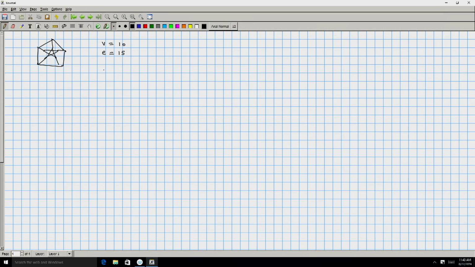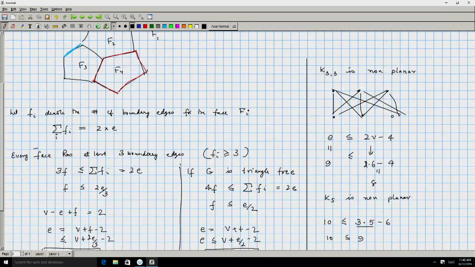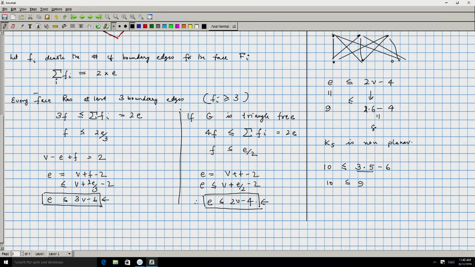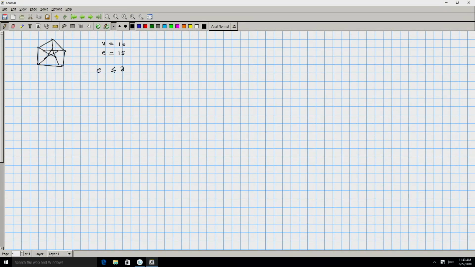So, the only condition that we can hope to apply from the two corollaries that we had drawn is e is less than or equal to 3v minus 6, but that condition unfortunately does not lead to a contradiction, because e is 15 and 3v is 30 minus 6. So, the condition holds, but the condition holding does not necessarily mean that the graph is planar.